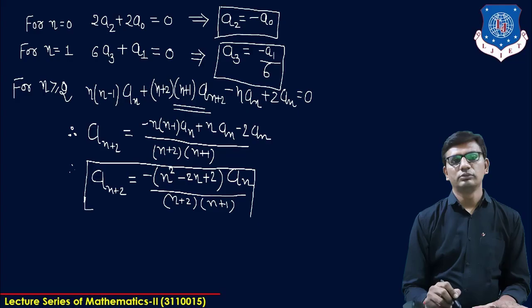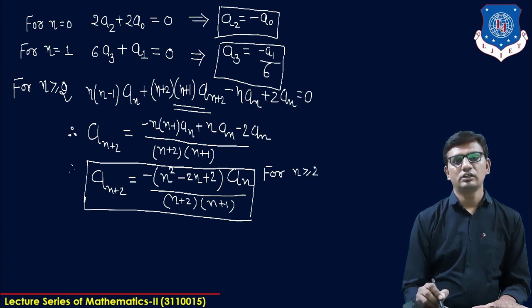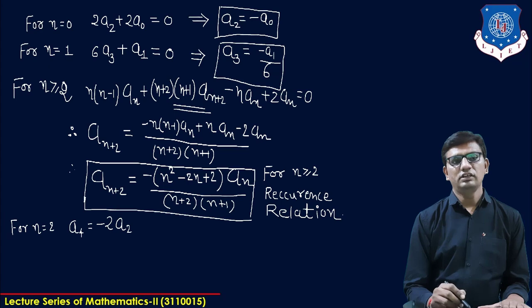It is coming from the last summation after taking x^n common, which is valid for n greater than or equal to 2. It is known as the recurrence relation, and from this relation we can find further coefficients like a4, a5, a6, a7. For n equal to 2, a4 equals minus 2a2 upon 12.